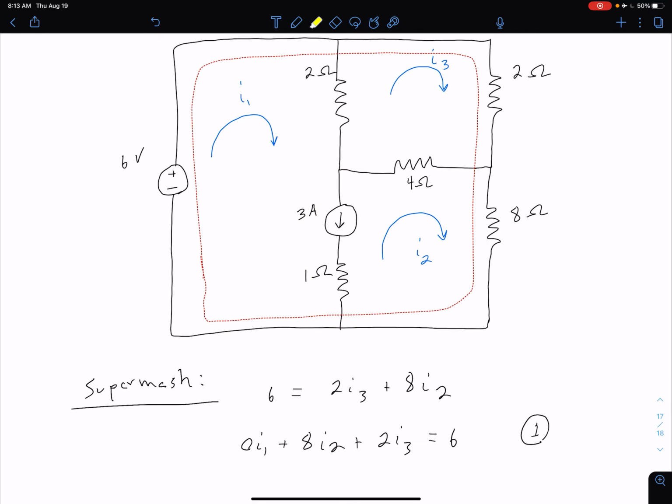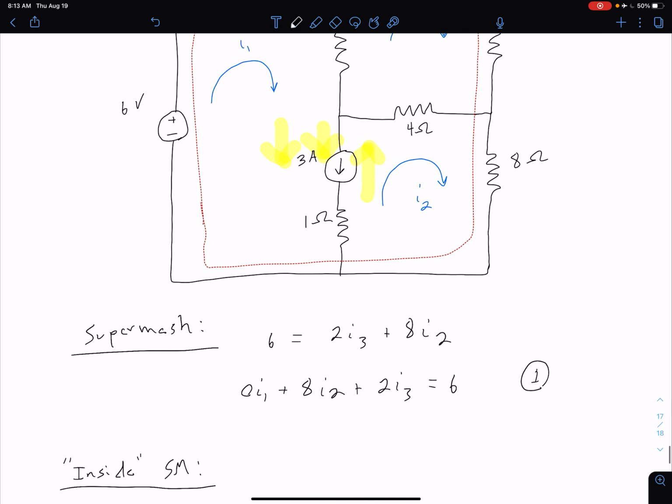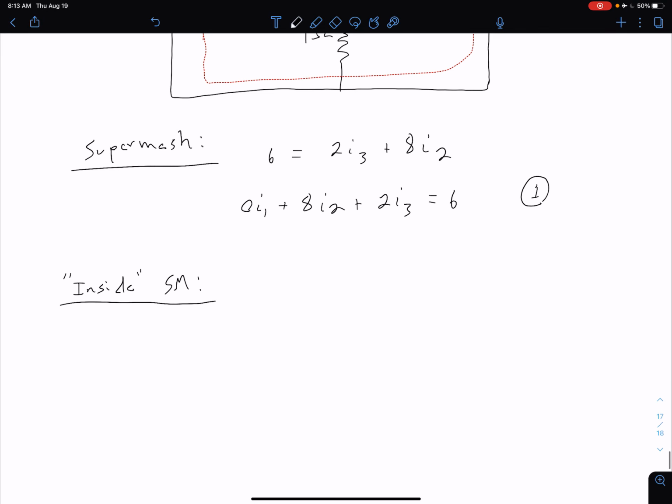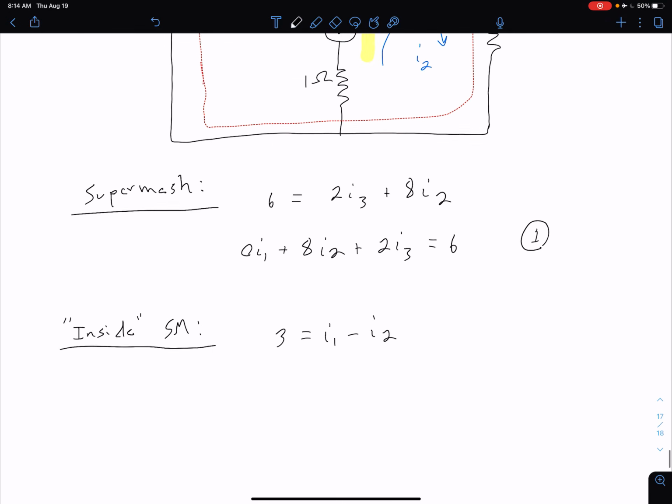We can look directly at this branch and say we've got our 3 amps going in this direction, our I1 going in this direction, and our I2 going in the opposite direction. And so from that, we could say, for instance, we know our 3 amps is going to be I1 minus whatever I2 is pushing in the other direction. So I could say our 3 is equal to I1 minus I2.